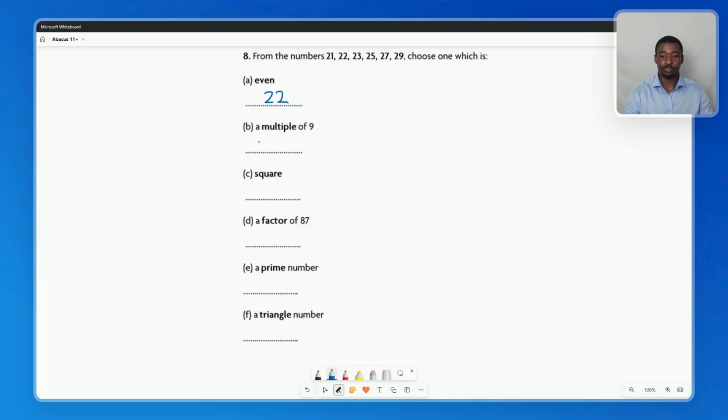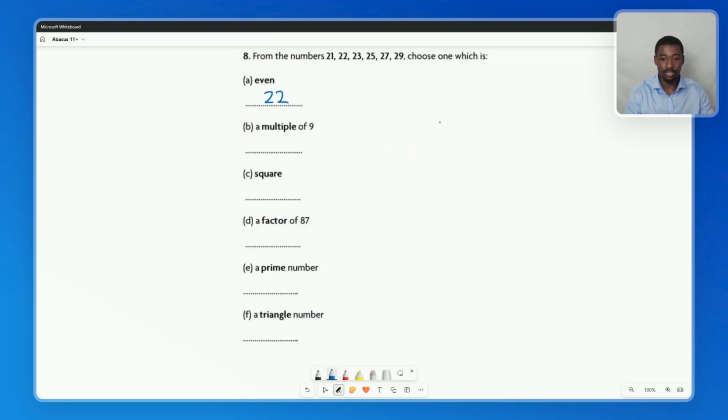Okay, part B. Let's find a multiple of 9. So multiple of 9 means it's going to be in the 9 times table, and it's going to be bigger than 9, right? Multiples go up, factors go down.